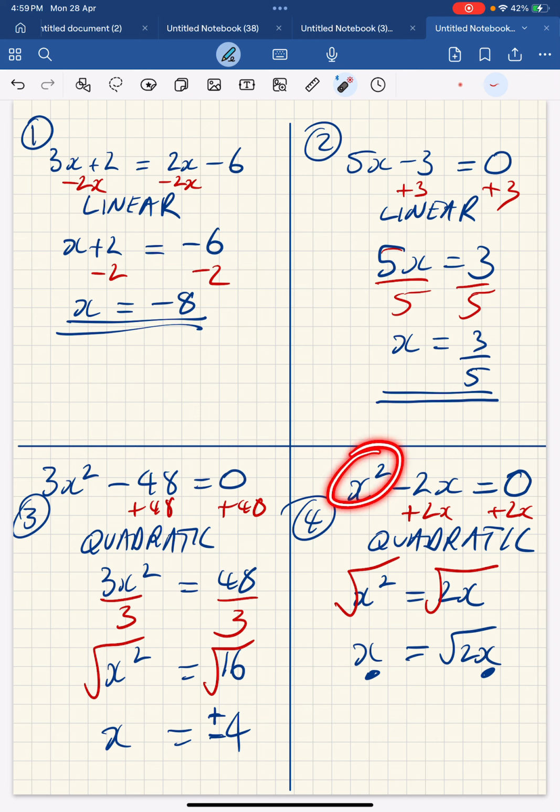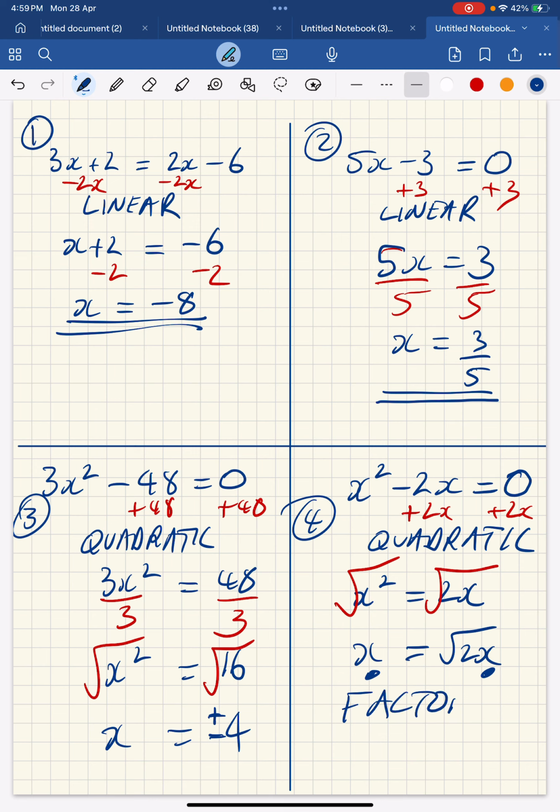Here we've got an x squared and a minus 2x, so we've got different terms, right? We can't do much with this, so that's why we need to switch to a new technique, and this new technique for quadratics is called factorizing. And I will show you how to solve this equation by factorizing.